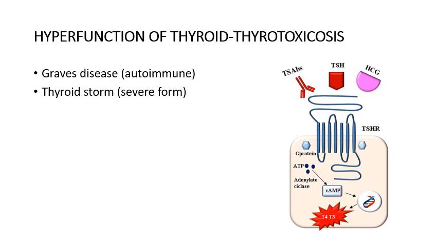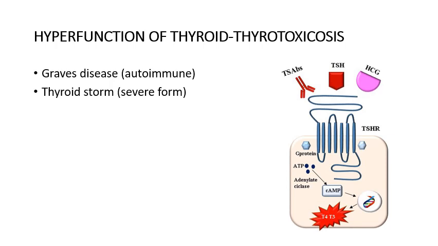So you can see in this picture the thyroid stimulating antibodies which get elevated in Graves' disease, and the TSH and human chorionic gonadotrophin. So all these three act as agonists at the thyroid hormone receptor. So all of these stimulating factors increase the secretion of T4 and T3.